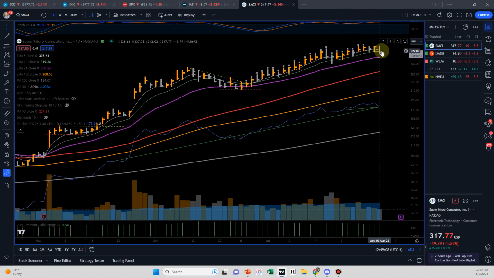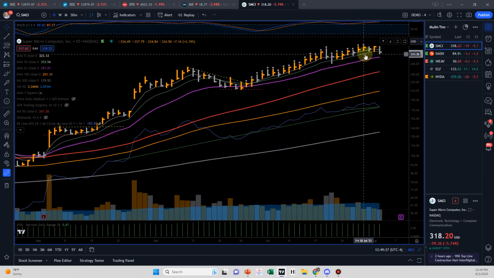Exits are one of the areas where styles start to matter a lot more, because if you're longer term, this is a blip. If you're shorter term, this is consolidating. And where you enter the trade matters quite a bit.